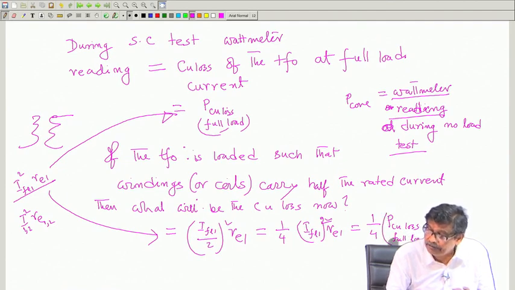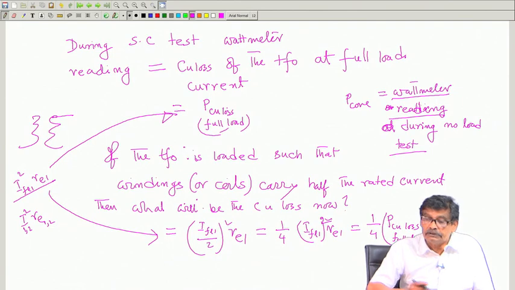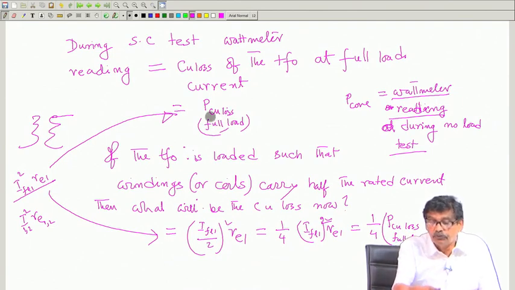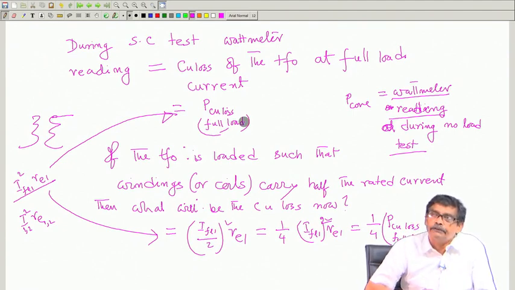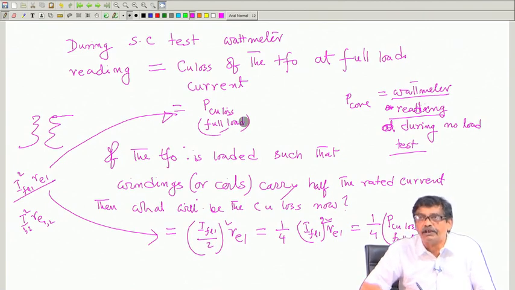Getting the point, this must be understood. If P_cu, the copper loss at full load, is 100 watt, then if your winding currents are half, the copper loss will become 100 by 4, that is 25 watt.